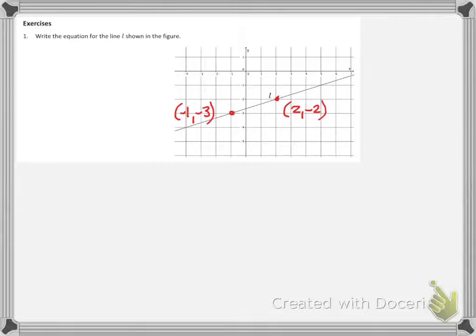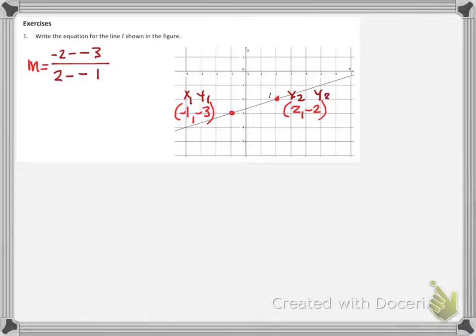I'm going to use the slope formula. The slope is equal to, let me name these, x1, y1, x2, y2. That way I know what I'm talking about. Y2 is -2, minus y1, which is -3, so minus a -3, over x2, which is 2, minus x1, which is -1.